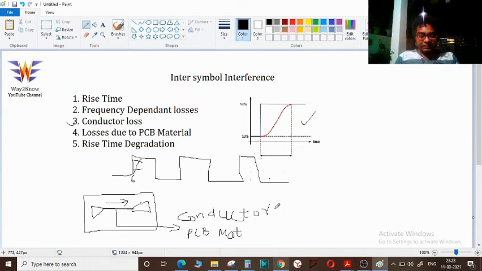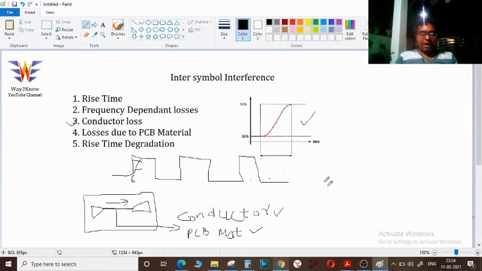How do these determine how the signal travels? We know that a square wave is made up of a number of frequencies, right? That's the basic thing we have read. Now when a signal is transmitted over a trace laid out on a laminate, there will be some losses associated, and these losses depend on the frequency.